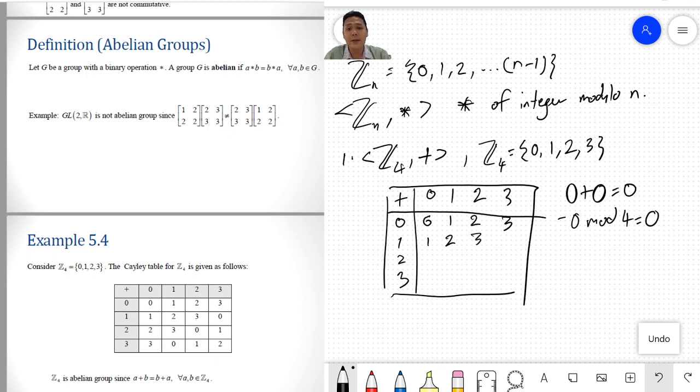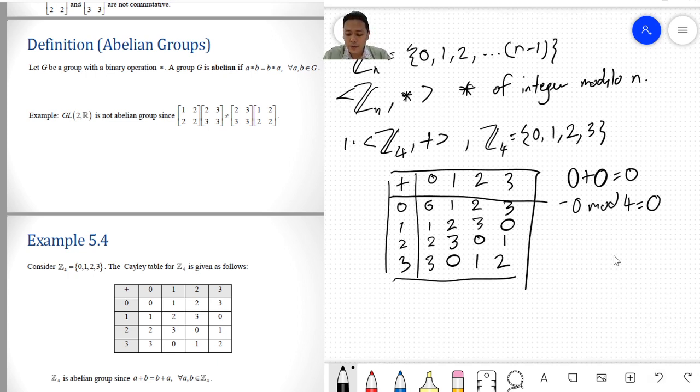The next element is 1 plus 3, which is 4, and 4 mod 4 is 0. 2 plus 1 is 3, and 2 plus 3 is 5, and 5 mod 4 is 1.